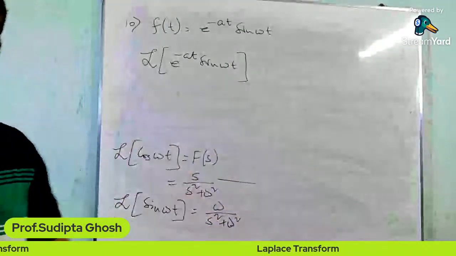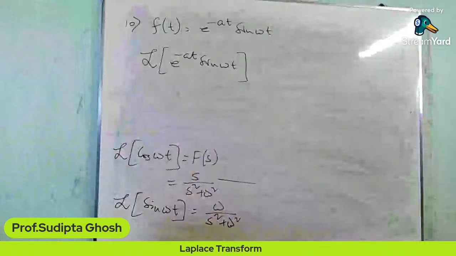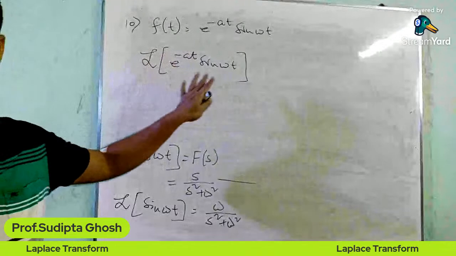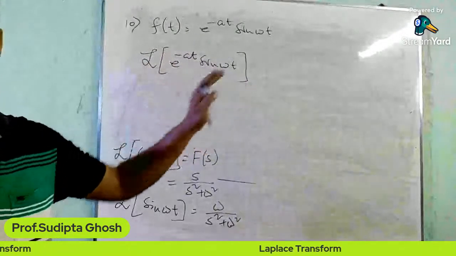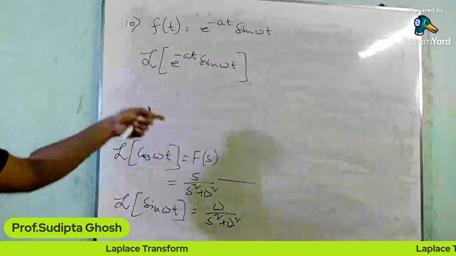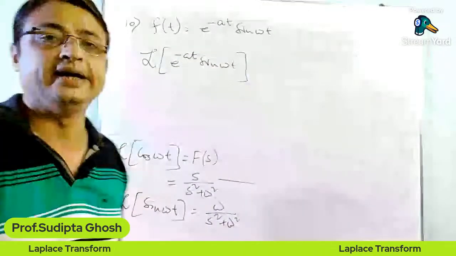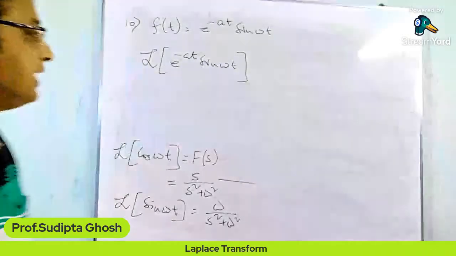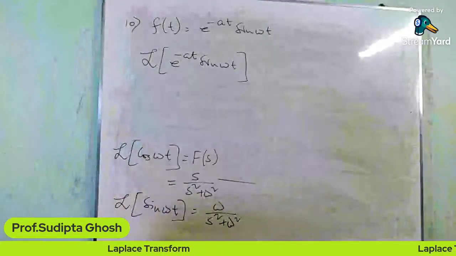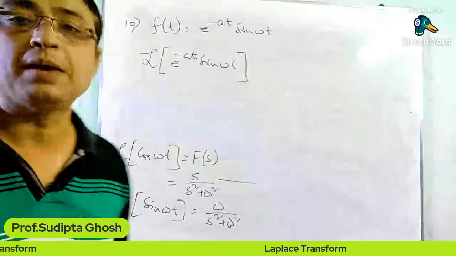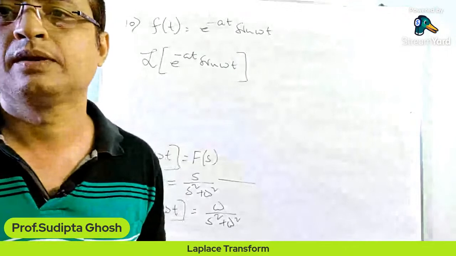Just listen carefully to this part. You have to consider not the e to the power term, but the rest as the original function. Consider sine omega t as the original function, and you all know that the transformation of sine omega t is omega by s square plus omega square.